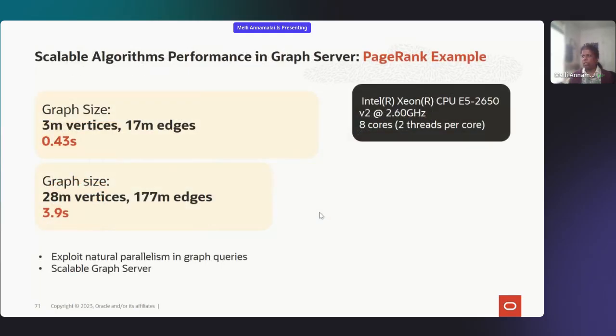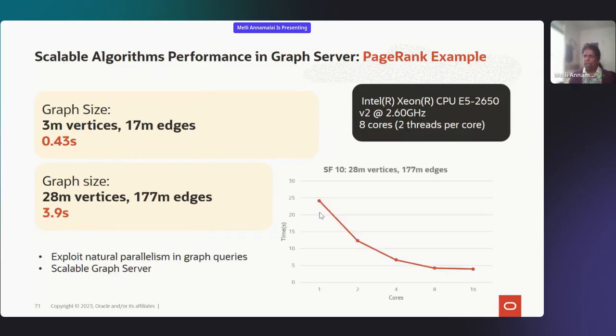We did some performance benchmarking on PageRank using the graph server, and it shows that as you increase the number of cores, we're able to exploit the natural parallelism in the graph and have really good performance for running the PageRank algorithm. Even as the graph size grows, we are seeing very good performance, and as we increase the number of cores as well, we're seeing very good performance.